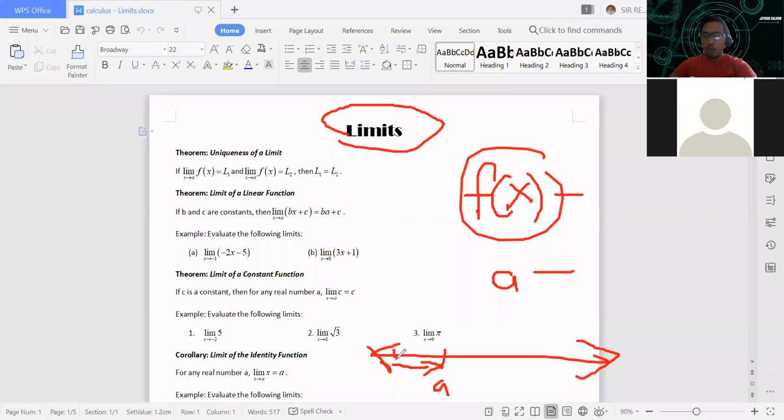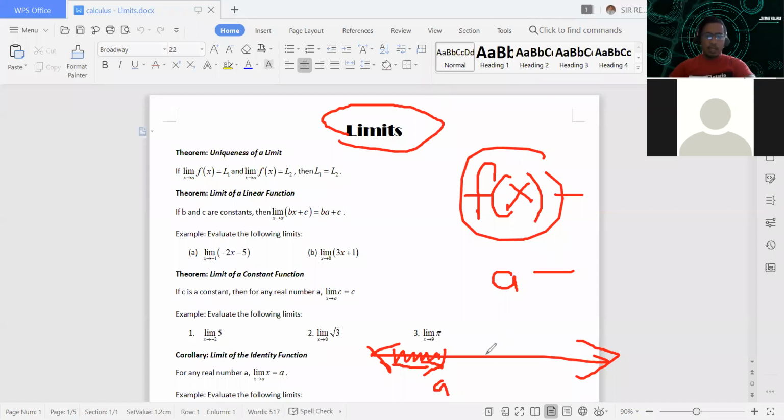It means you take values here and substitute them in f, and then you will observe what will happen to the value of f of x as you substitute these values into that function.